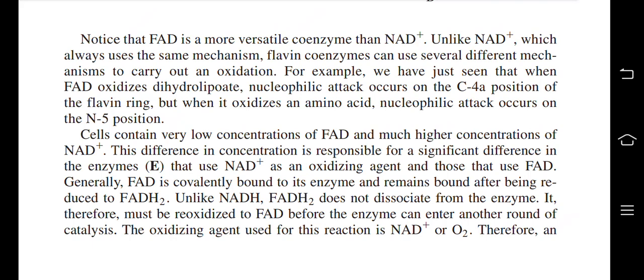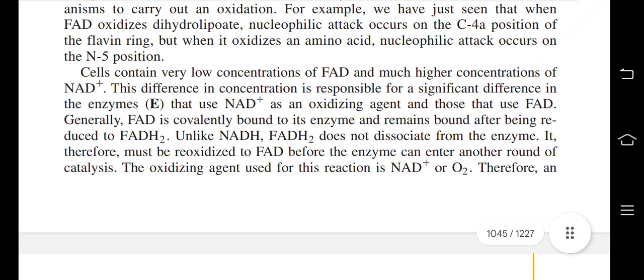But when it oxidizes an amino acid, nucleophilic attack occurs at the N5 position. Cells contain a very low concentration of FAD and a much higher concentration of NAD positive. This difference in concentration is responsible for a significant difference in the enzymes that use NAD positive as an oxidizing agent and those that use FAD generally.